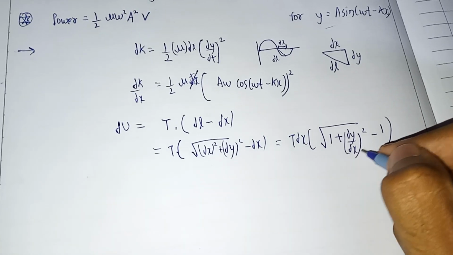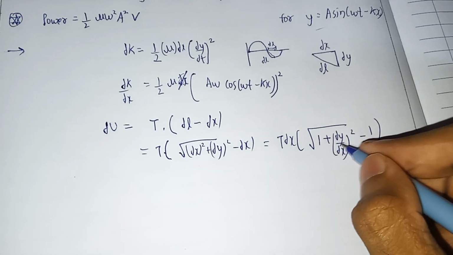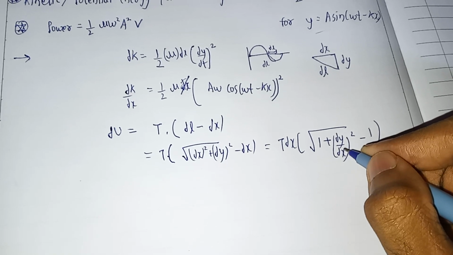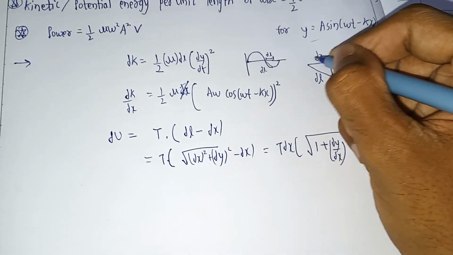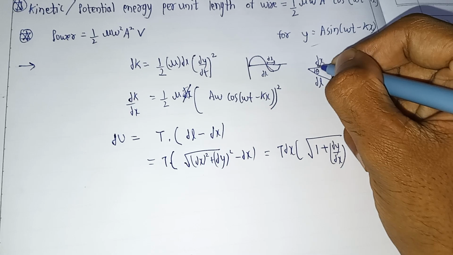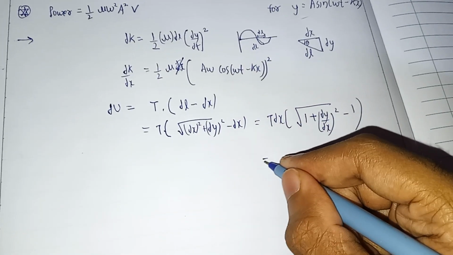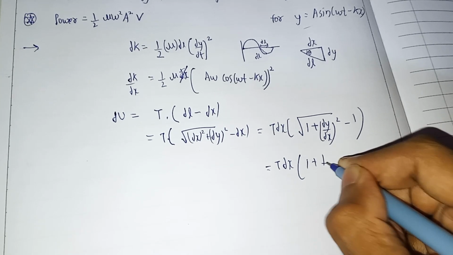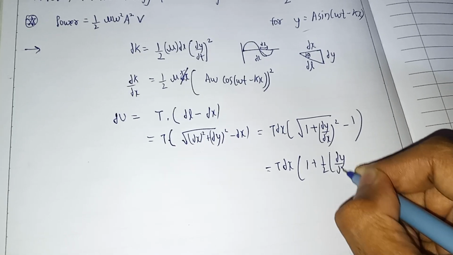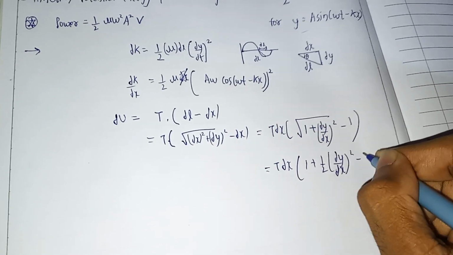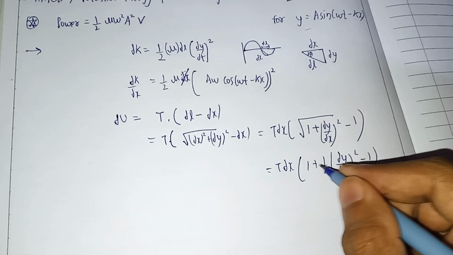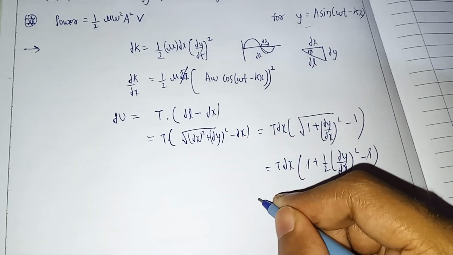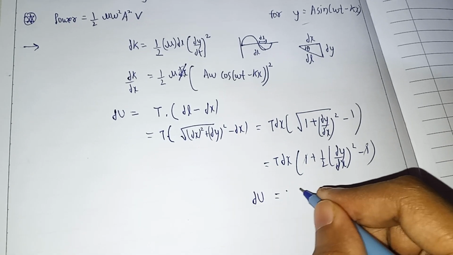Now we apply the binomial theorem, because we assume that dy by dx is very small, meaning this angle theta is very small. Hence we have T dx times 1 plus half of (dy by dx) whole square minus 1, and the plus 1 and minus 1 cancel each other.